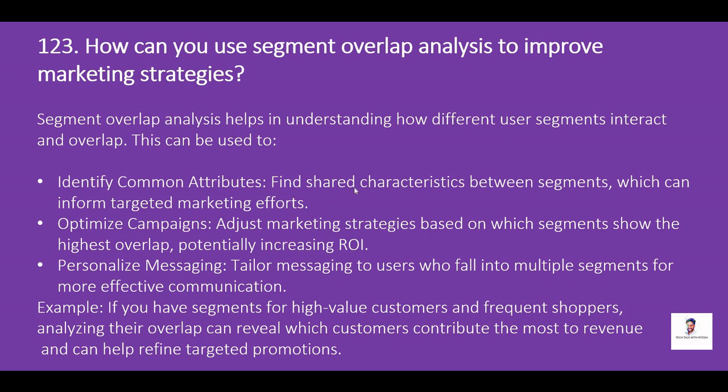So what we can do, we can find shared characteristics between segments which can inform targeted marketing efforts. We can adjust marketing strategies based on which segment shows the highest overlap, potentially increasing ROI. And we can tailor messaging to users who fall into multiple segments for more effective communication.